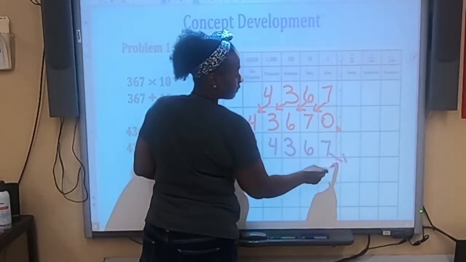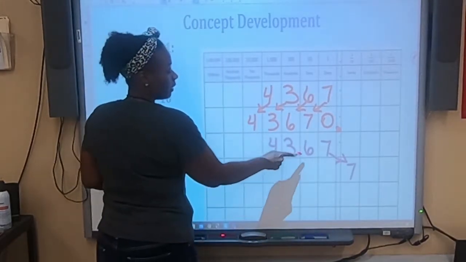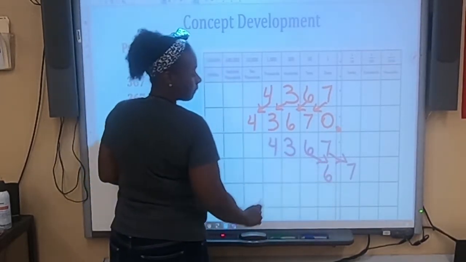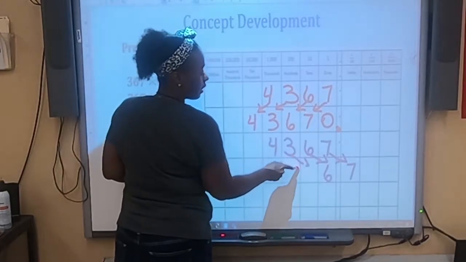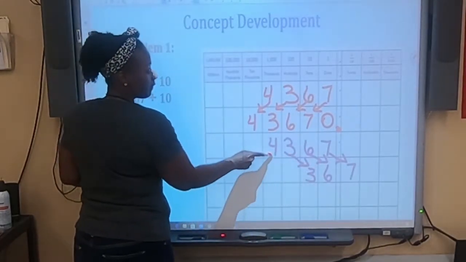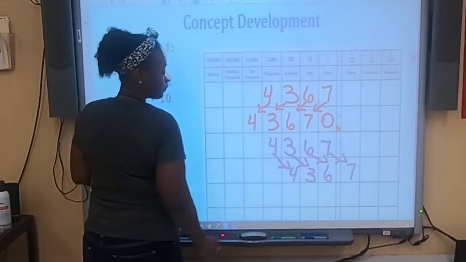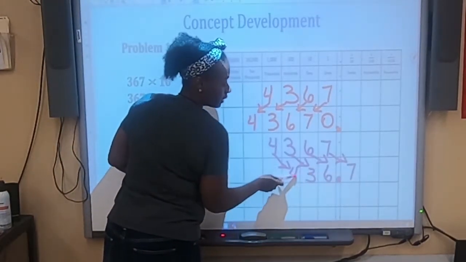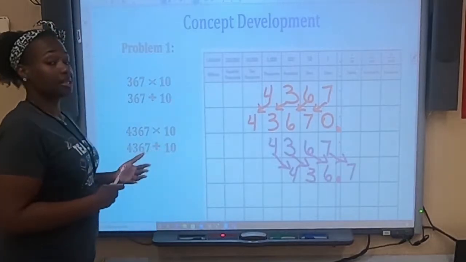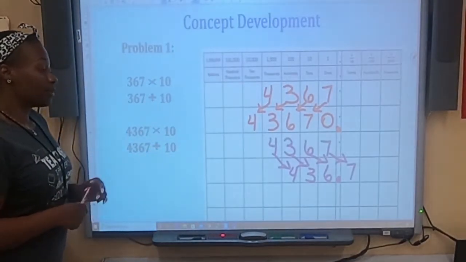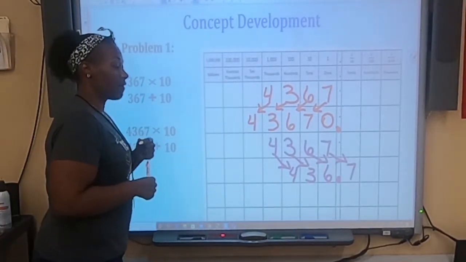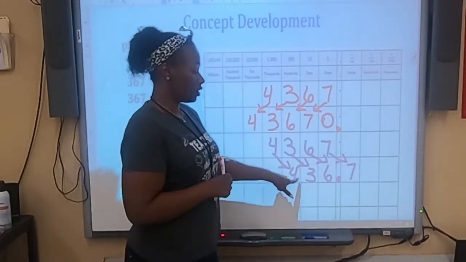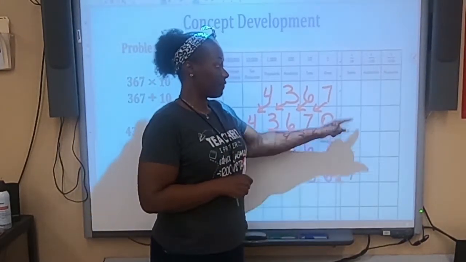So I'm going to take that 7 to the right one time. My 6 to the right one time. My 3 to the right one time. My 4 to the right one time. I'm already at my decimal. Notice it's in the middle of my number. So I don't need a 0. So that shows me that 4,367 divided by 10 gives me 436 and 7/10.